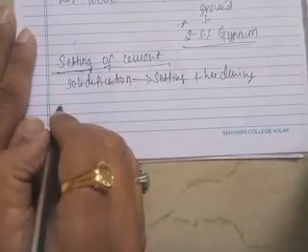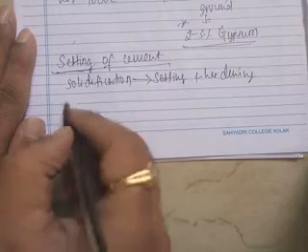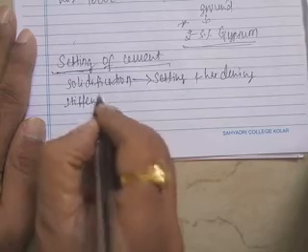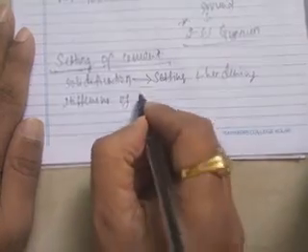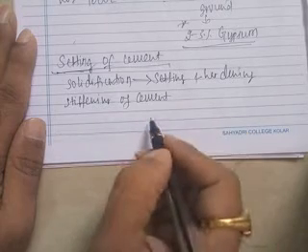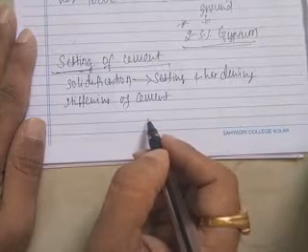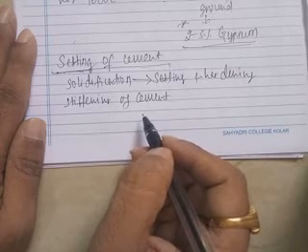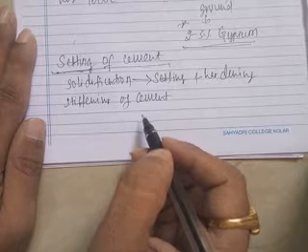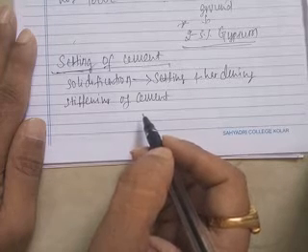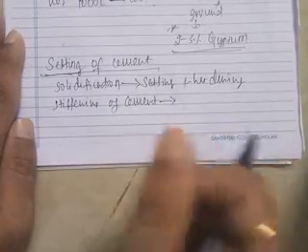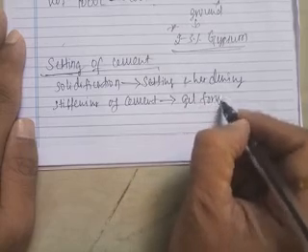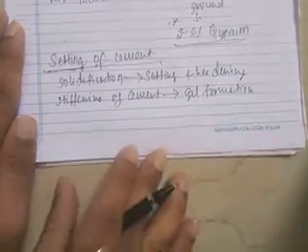Setting is defined as the stiffening of the cement. When cement is mixed with water, it forms a plastic mass. When it is applied onto the surface, that plastic mass gradually stiffens, and this stiffening or toughness is due to gel formation in the cement.